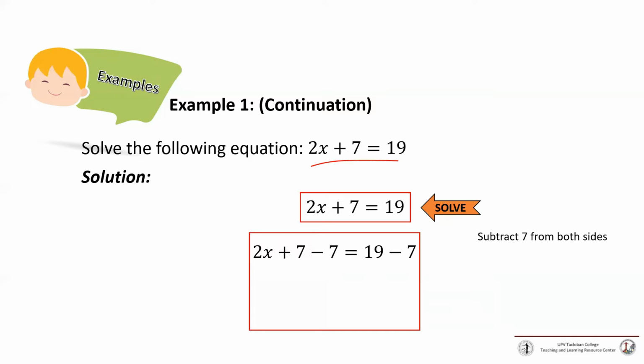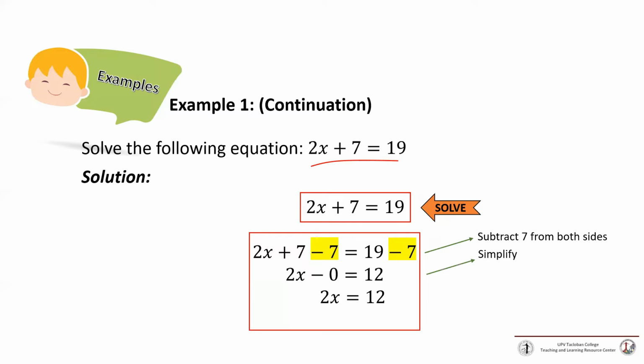So we are subtracting 7 from both sides. That's why we have 2x plus 0, or 2x, because 7 minus 7 is 0, is equal to 19 minus 7, which is 12. So that is by simplifying the expression. And then we have 2x is equal to 12.